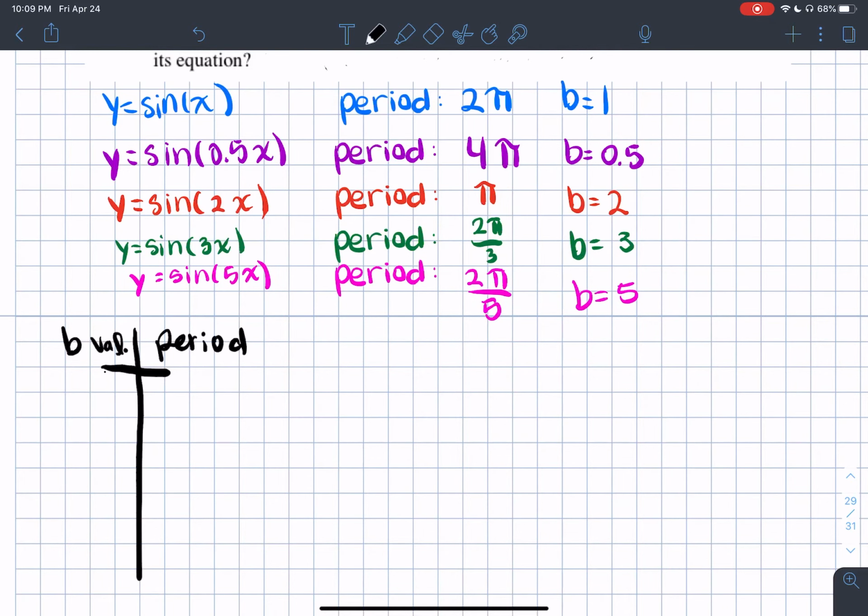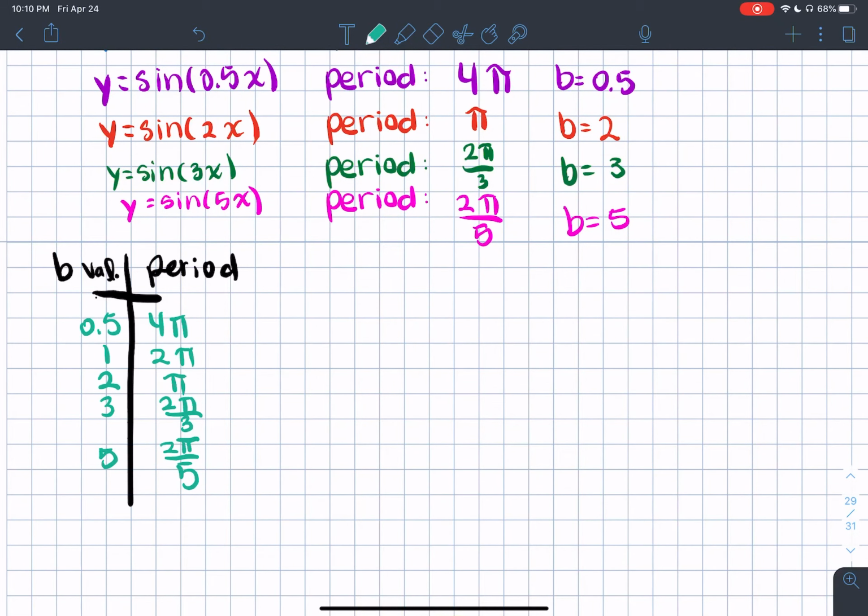So go ahead and pause the video to make this table now. Now that we've made this table, go ahead and think about the relationship between the period and the b-value. Is there anything that you can write down, some form of function, to find the period if you know the b-value?